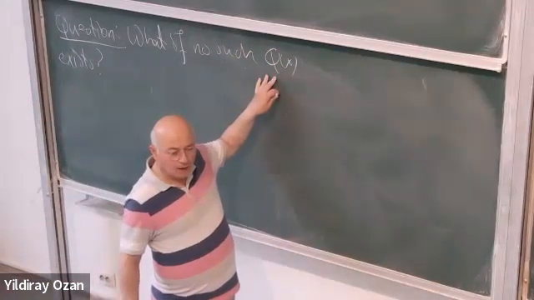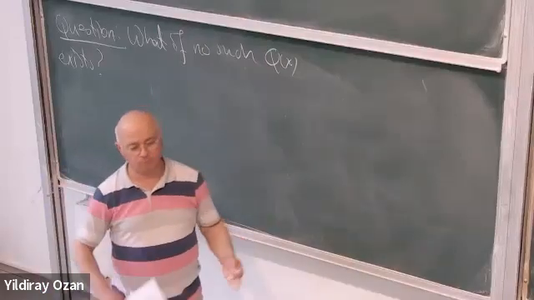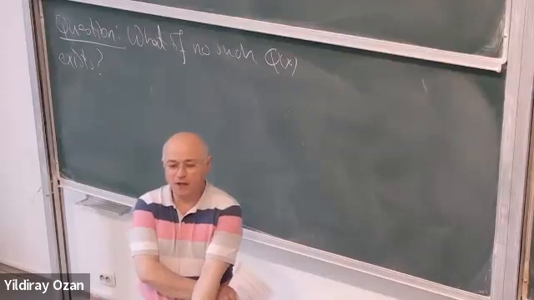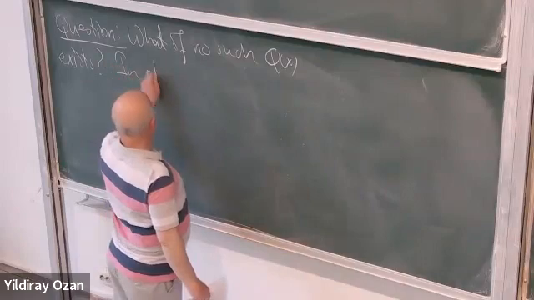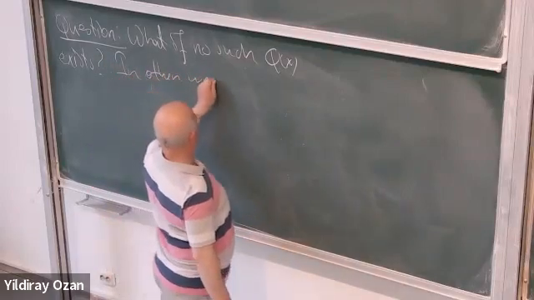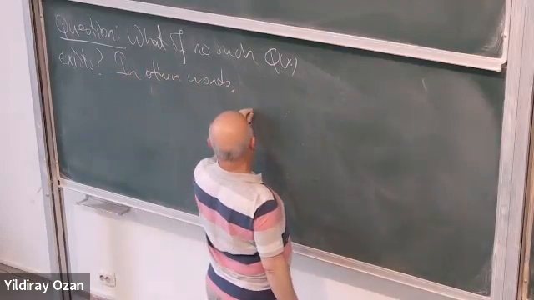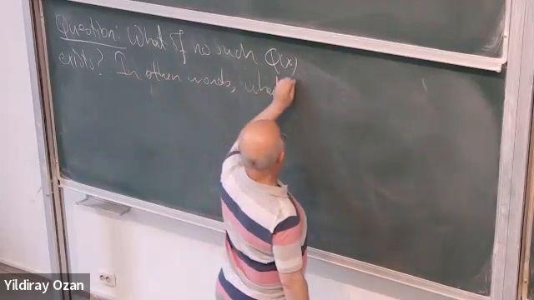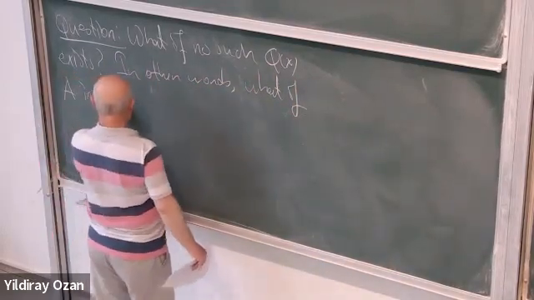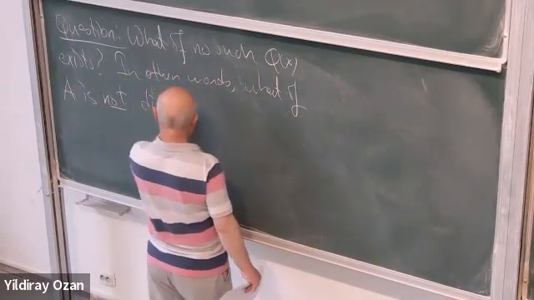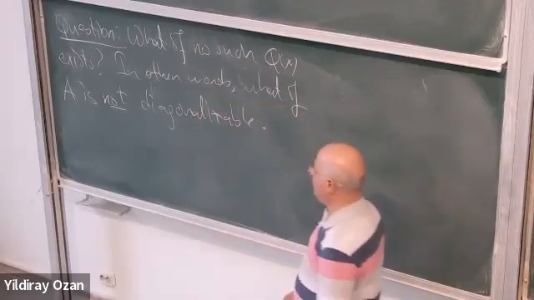Kökleri farklı olan, değil mi? Bir tane polinom yoksa A'yı sıfır yapar. Yani o da ne zaman tabii ki A diagonalizable değilse. In other words, what if A is not diagonalizable?